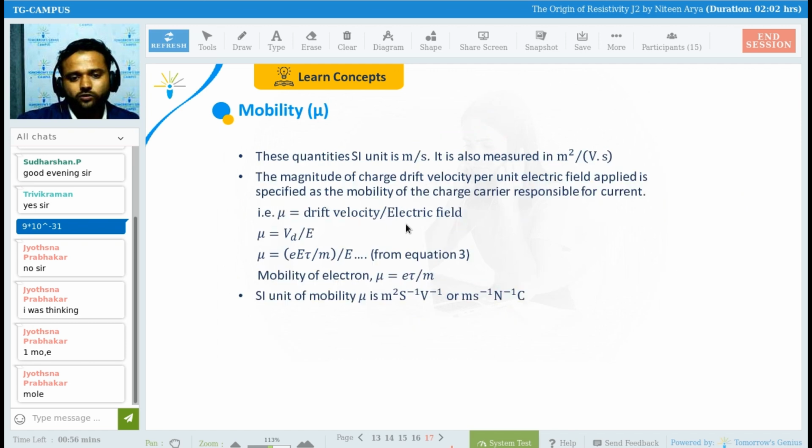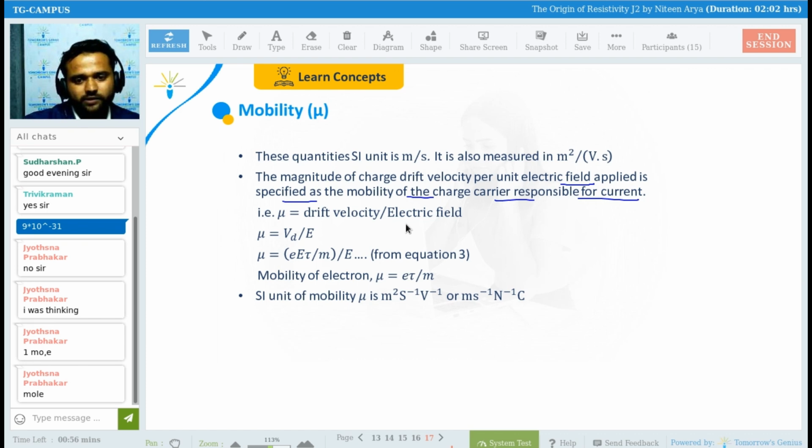Moving ahead, the SI unit of these quantities is meter per second. It is also measured in meter square per volt second. The magnitude of charge drift velocity per unit electric field applied is specified as the mobility of the charge carrier responsible for current.